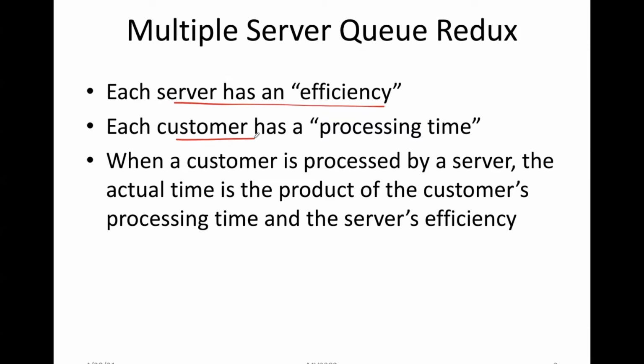What this allows for is the possibility that we may have different customers having different processing times. Well, each customer will have a different processing time, but we could have customers that have processing times generated from a different distribution.